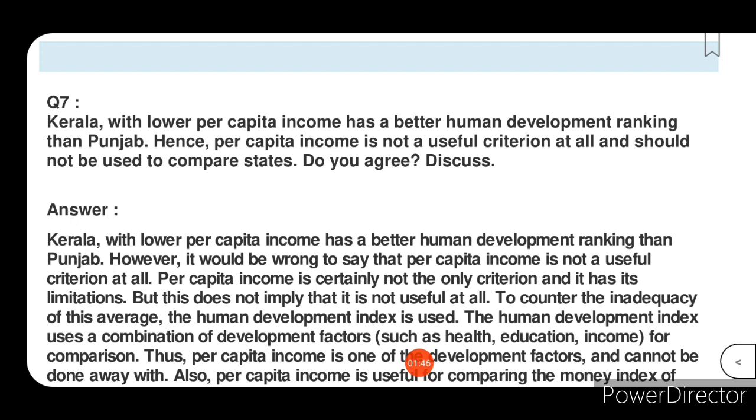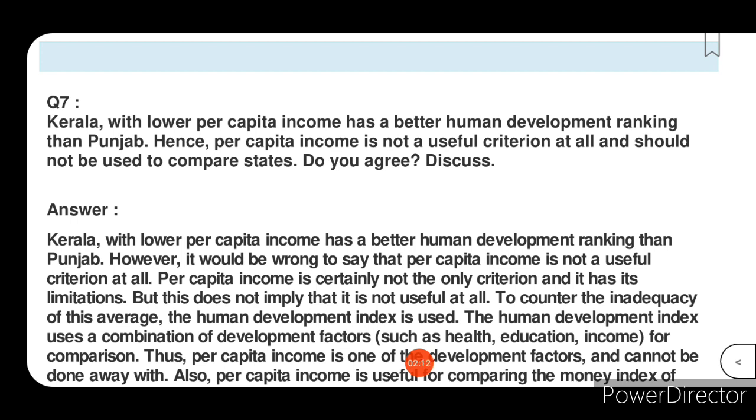Per capita income is a criterion, certainly not the only criterion, and it has its limitations. But this does not imply that it is not useful at all. To compensate for the inadequacy of this average, the Human Development Index is used.